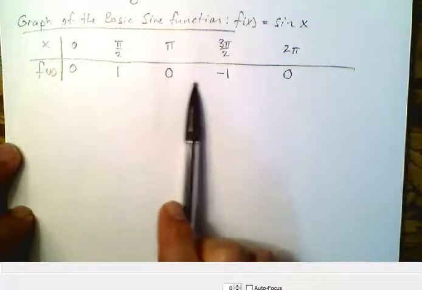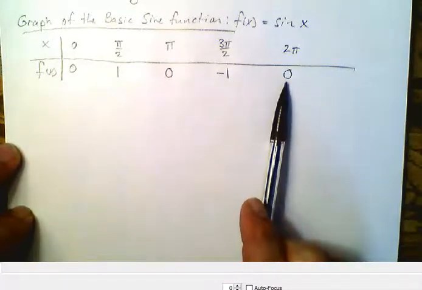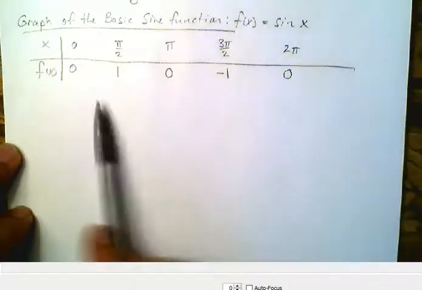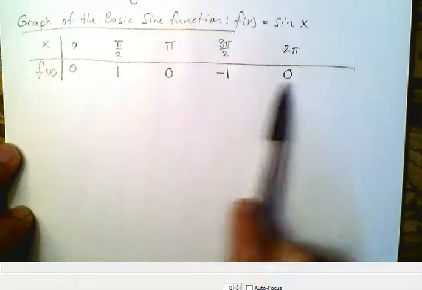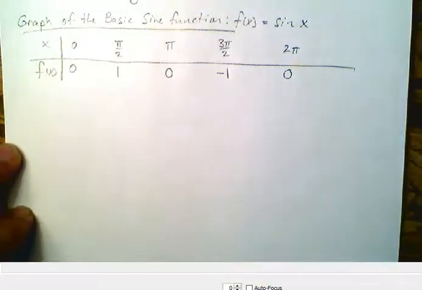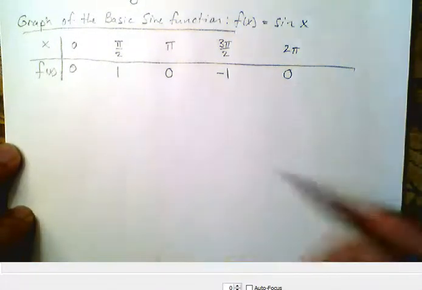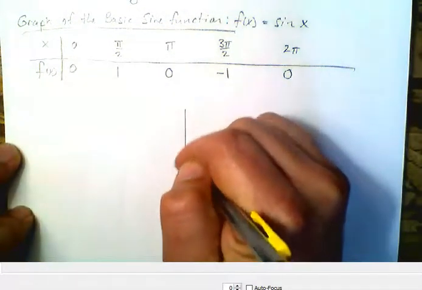Alternated a bit here, and then we got back to the same coterminal angle at 2 pi and gave us a value of 0. So if we continued on past 2 pi, we would see this same trend over and over again forever and ever. Okay? So let's graph these points and see what we get.